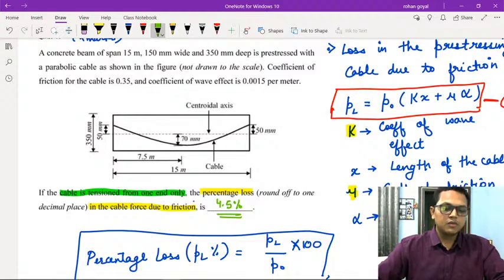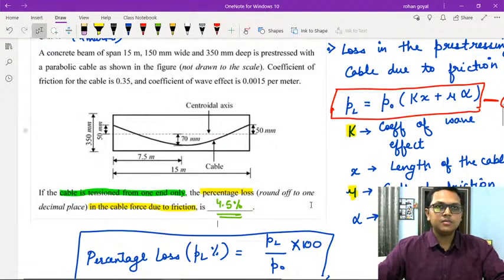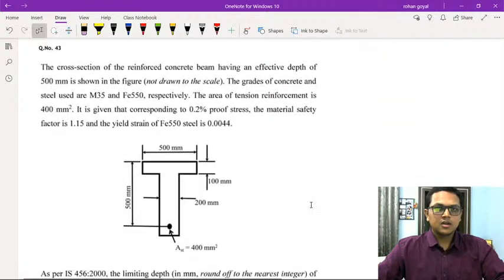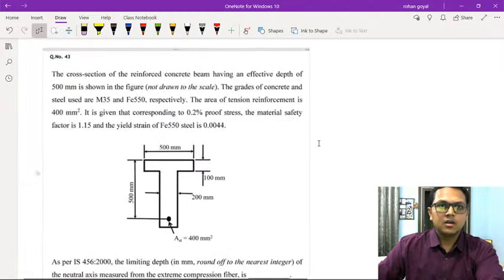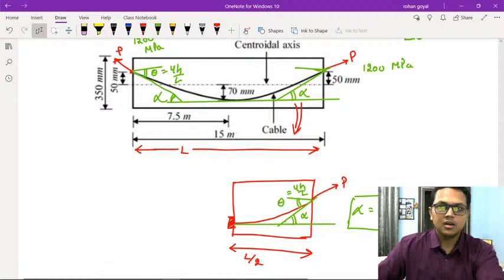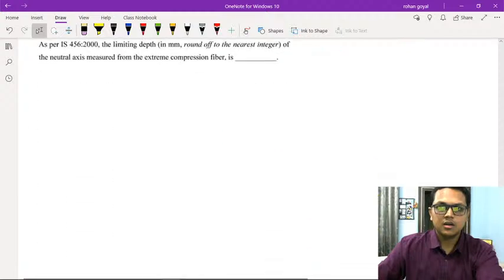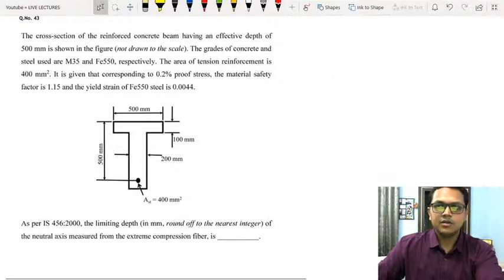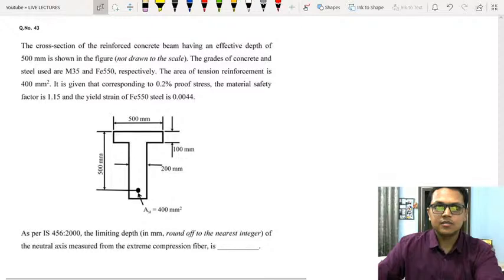Okay, so we will proceed to the next question now. So the next question, I would like you guys to first read out this question again. Read this question and try to understand what the question is saying.